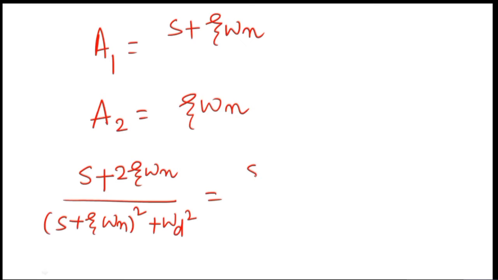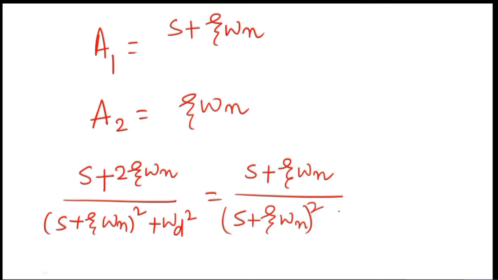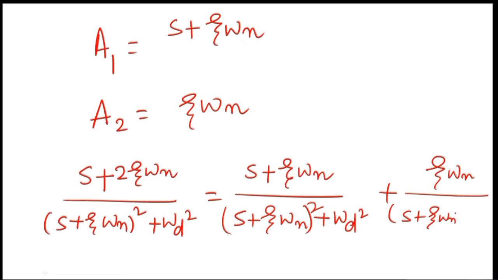This can be written as s plus zeta omega n by s plus zeta omega n whole square plus omega d square, plus zeta omega n by s plus zeta omega n whole square plus omega d square. Like this, you can write.